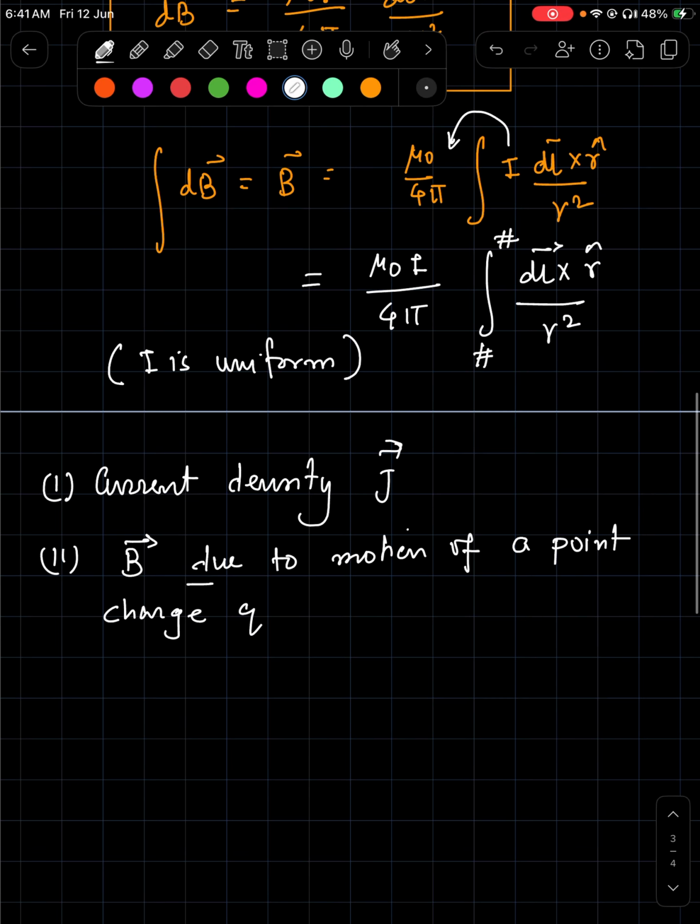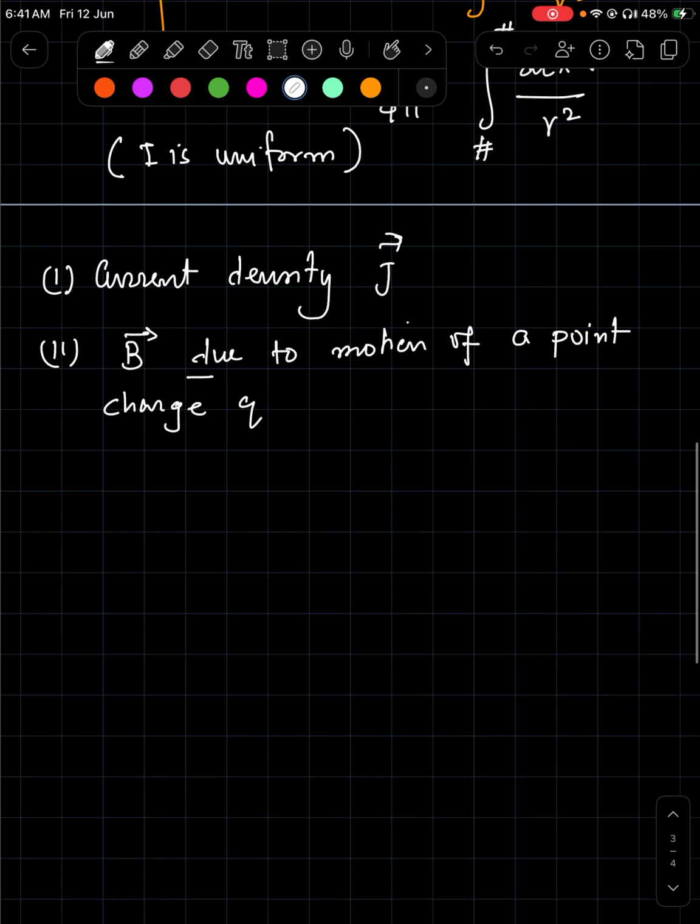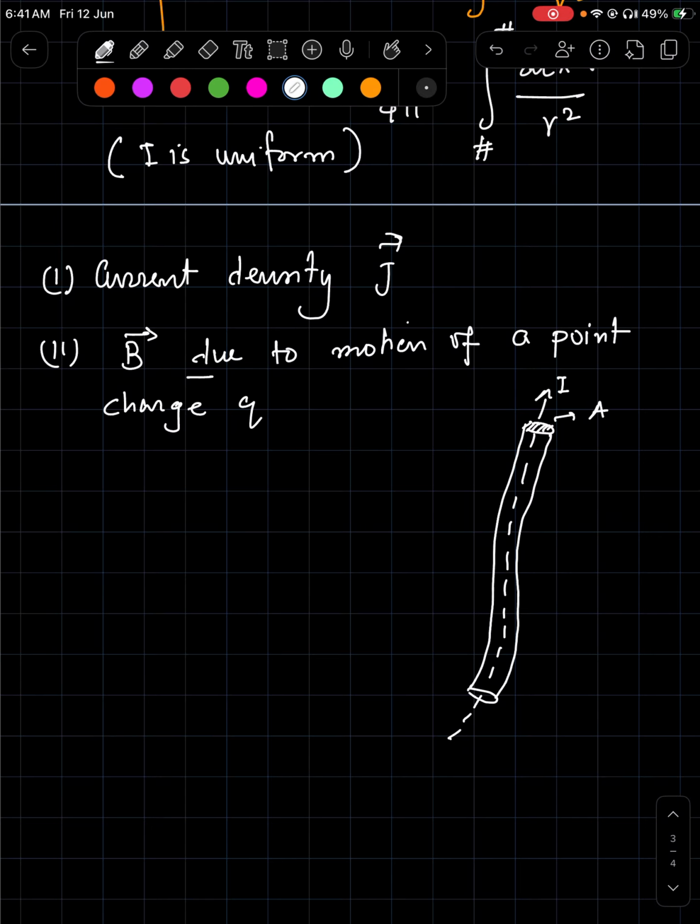That is, we have to express the expression in terms of the current density. To get the current density, we have to consider the dimension of the wire properly, in the sense that we are considering a cylindrical wire, and the current is moving uniformly through it over the cross-sectional area. The cross-sectional area of the wire is taken as A and the current is perpendicular to this area.